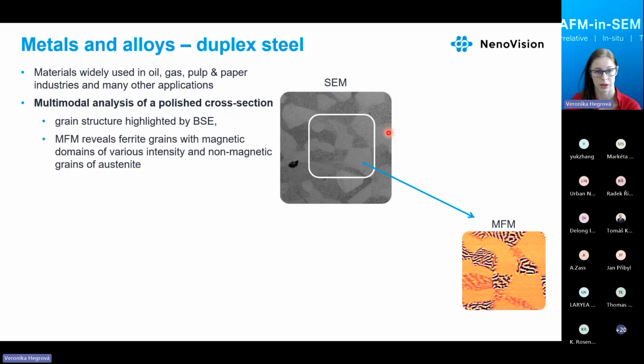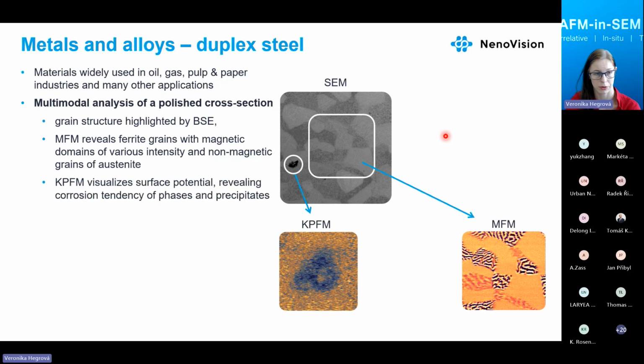And what we see here is a polished surface of duplex steel in BSE. So we see nicely the grain structure. The MFM analysis of the white square showed us ferrite grains with magnetic domains and various intensity of non-magnetic grains of austenite.